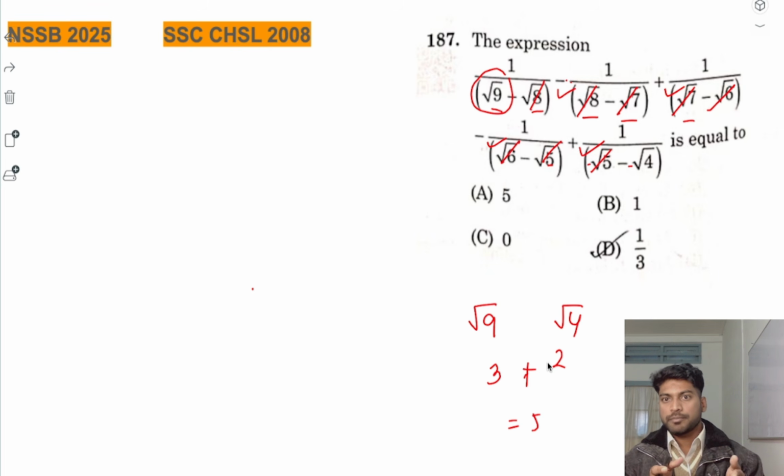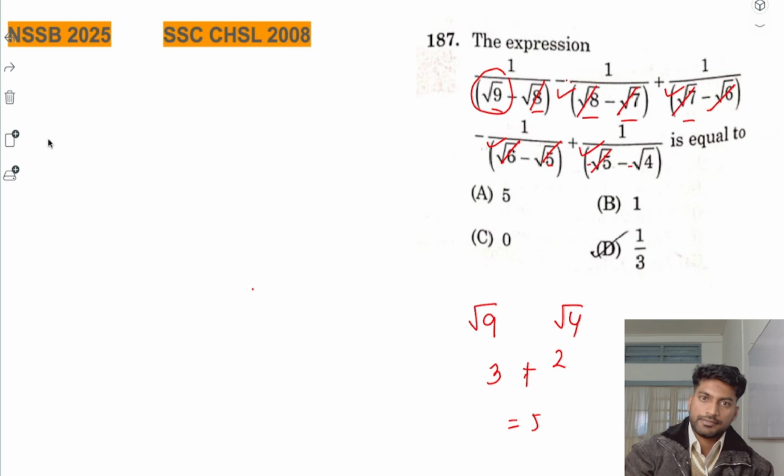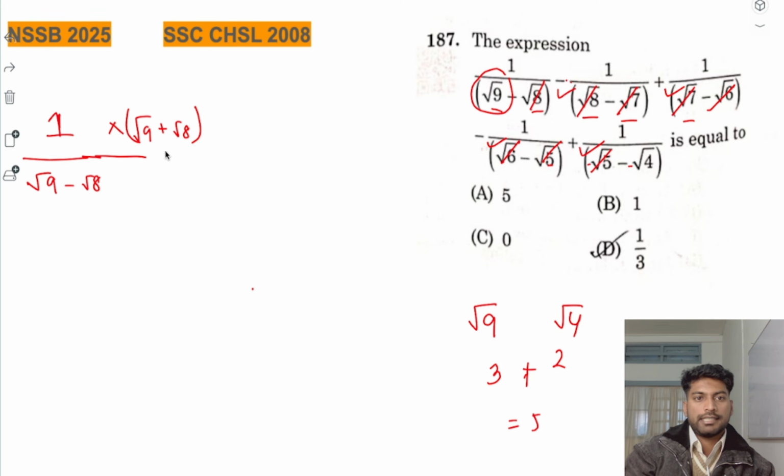But if you want me to solve the whole question, okay, चलो कर ही देते हैं. I'll just solve once, okay. देखो, how to rationalize? You have to rationalize 1 by root over 9 minus root over 8. इसका मतलब, you have to multiply here, इसका उल्टा, root over 9 plus root over 8, and here you have to multiply the same thing, root over 9 plus root over 8, like this.